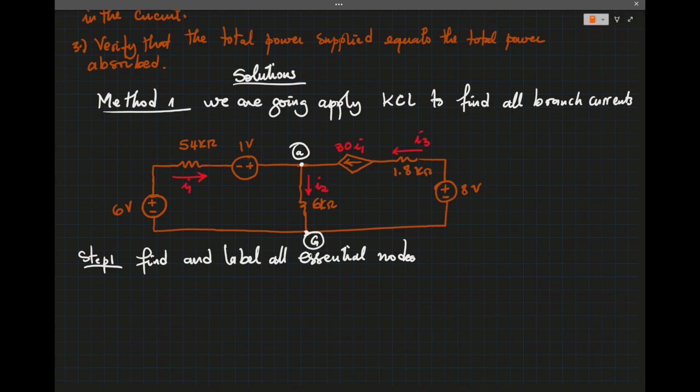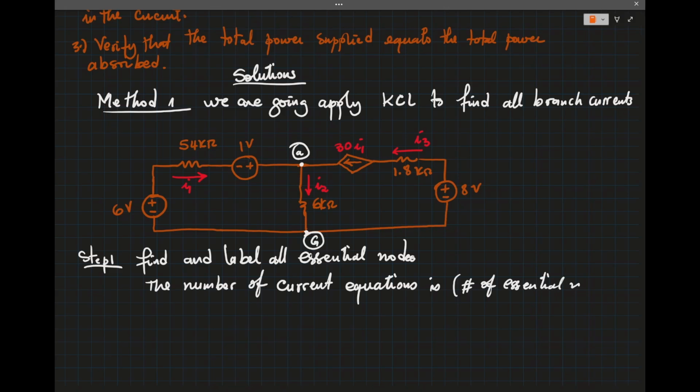Here we have 2 essential nodes, so the number of current equations is the number of essential nodes minus 1.